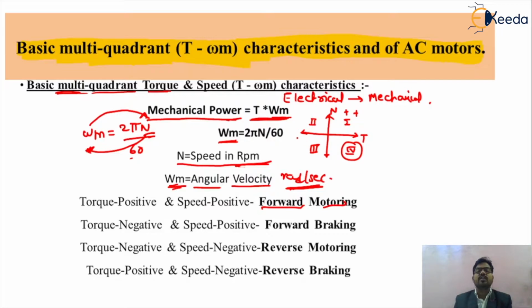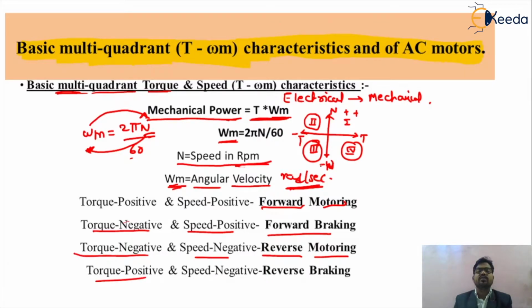If the torque is negative and the speed is positive, that is the second quadrant, called forward braking. If both torque and speed are negative, it is treated as reverse motoring. And in the last quadrant, when the torque is positive and the speed is negative, it is called reverse braking.